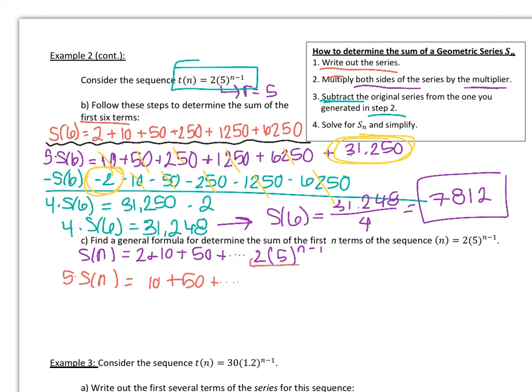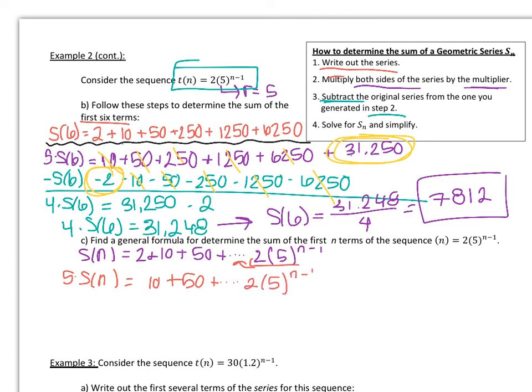So remember, the term right before it, let's see. First of all, when you multiply by 5, you're basically just generating the very next term in line. So when I take this term that's not written here and multiply it by 5, it's going to turn into this one. So that would be plus 2 times 5 to the n minus 1.